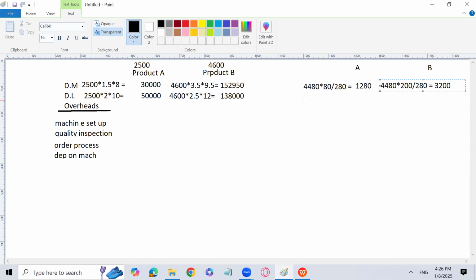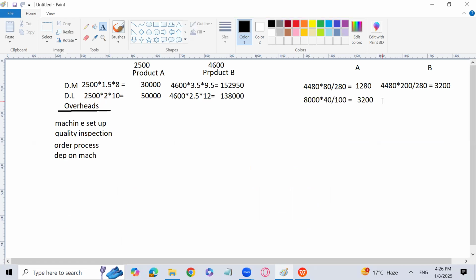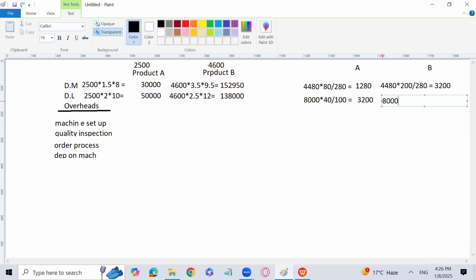I will do that for you. 8,000 multiplied by 40 over 100 is going to be 3,200. And again, 8,000 multiplied by 60 over 100 is going to be 4,800. Okay. Sometimes students say that we can calculate it directly and write the amount.